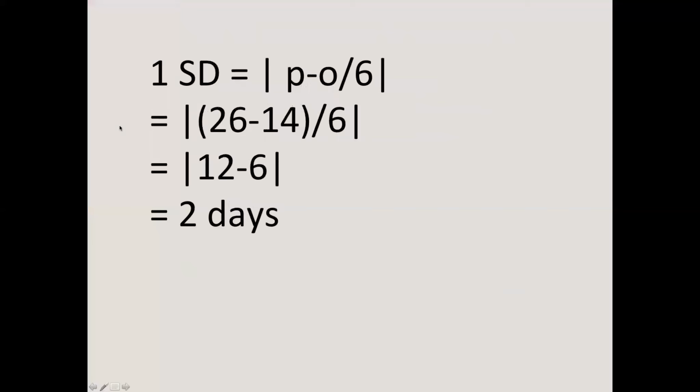Here's the equation. One standard deviation equals pessimistic minus optimistic divided by 6. Worst case is pessimistic, 26. Optimistic is best case, 14, divided by 6. 26 minus 14, 12, divided by 6. The answer here is 2 days.